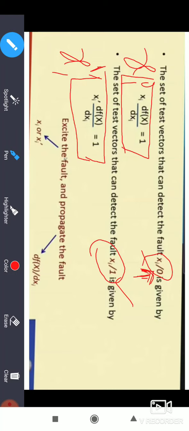Here input line xi or xi bar excites the fault and propagates that fault to the output. Here we will use the derivative df of x by dxi, with respect to xi.